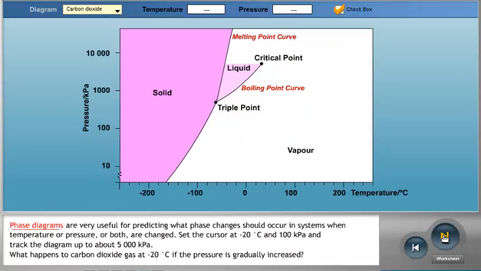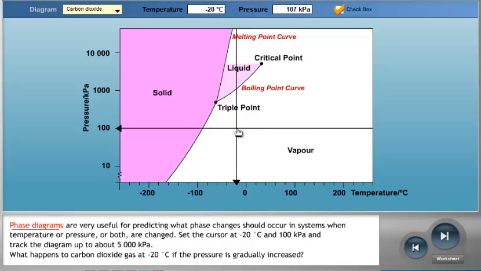Phase diagrams are very useful for predicting what phase changes should occur in systems when temperature or pressure, or both, are changed. Set the cursor at minus 20 degrees Celsius and 100 kilopascals and track the diagram up to about 5,000 kilopascals.